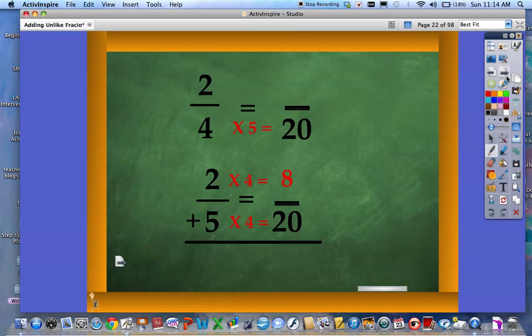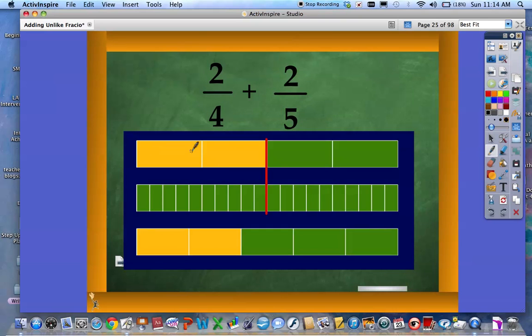And now we need to do the same thing with the fraction 2/4. Our denominator was divided into now 20 pieces. How do we get from 4 to 20? We multiplied by 5. Whatever you do to the bottom, you must also do to the top. So 2 times 5 is 10. And let's check it again using our models. Here's 2/4, and here's our 20ths.